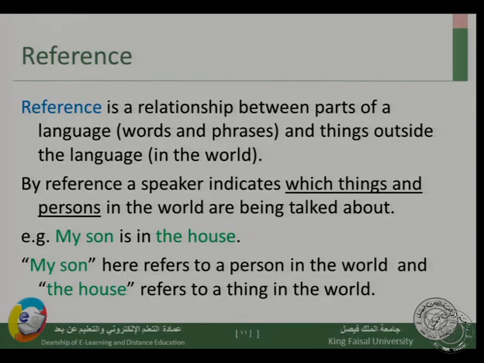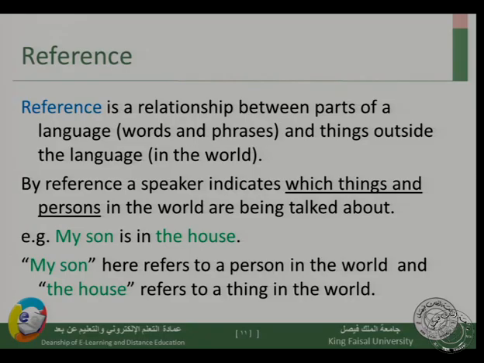And we have an example here. My son is in the house. So here we have my son and we have in the house. So my son is an expression which is used to refer to a person, a real person in the world. So if you imagine that someone came now and said, my son is in the house, he uses my son here to talk about a real person that exists in the outside world.